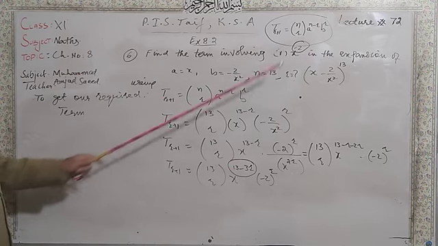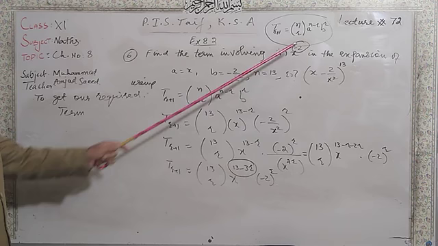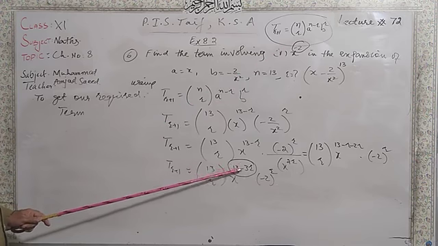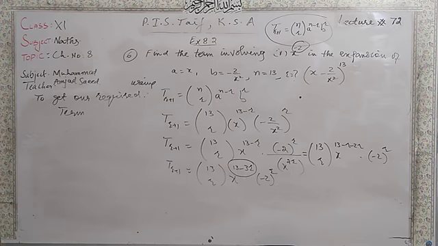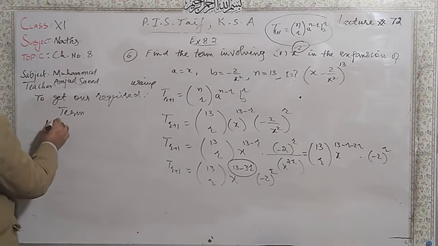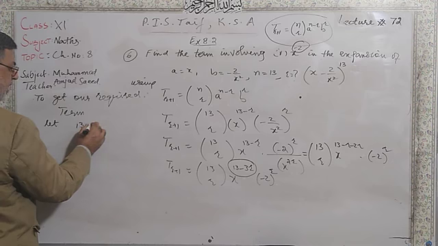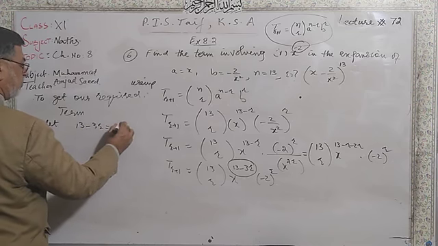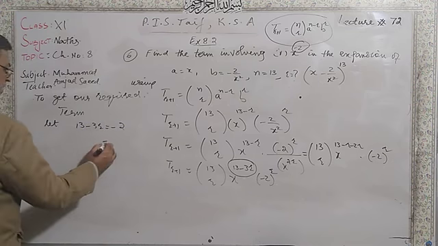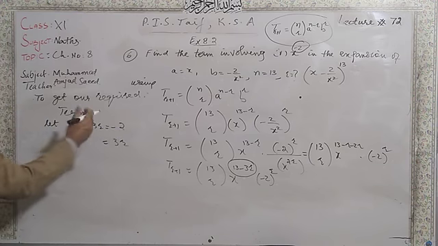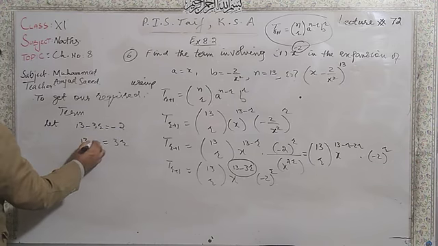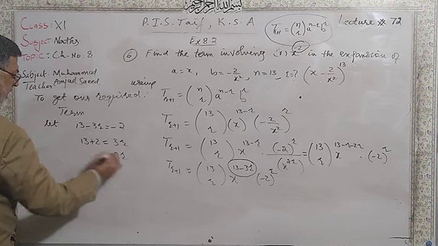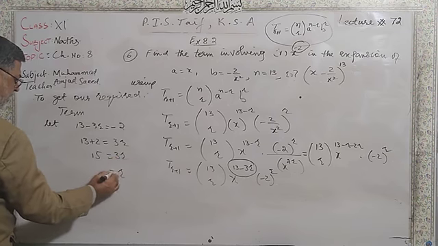So base is equal to base, power is equal to power. In this way we will find the unknown value of r. To get our required term, let 13 minus 3r is equal to minus 2. You can take 3r to the right hand side and 2 to the left hand side. 3r is equal to 15 and r is equal to 5.